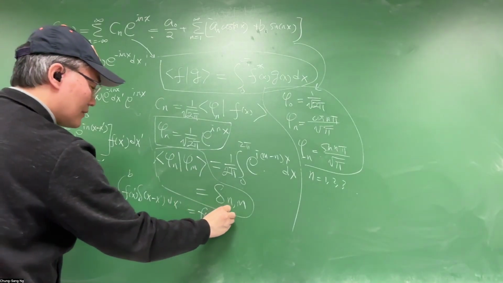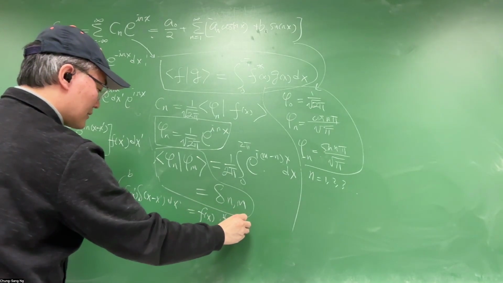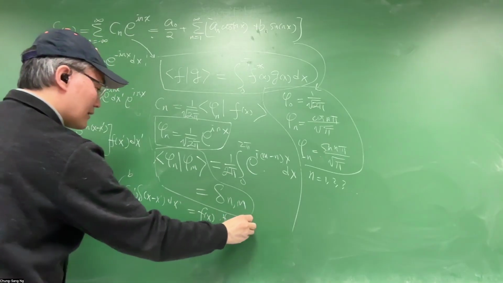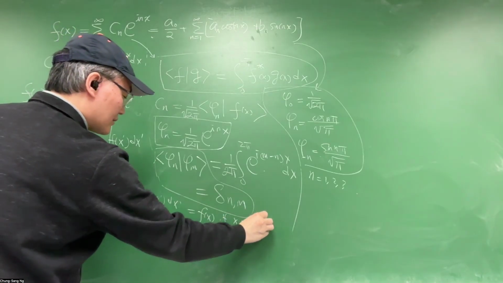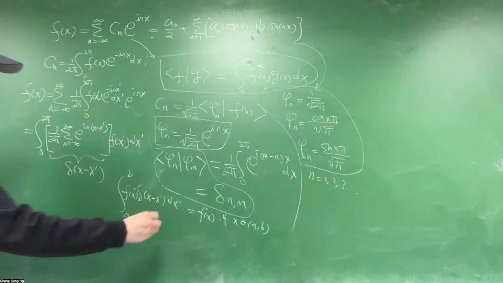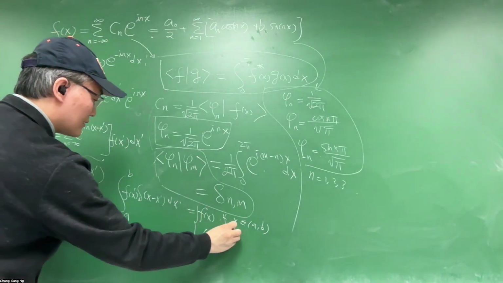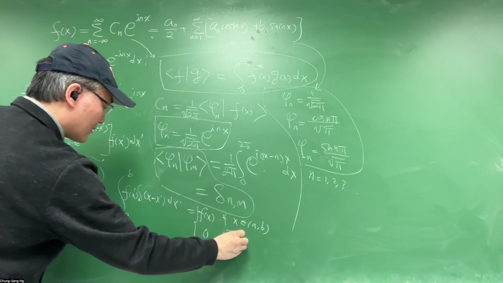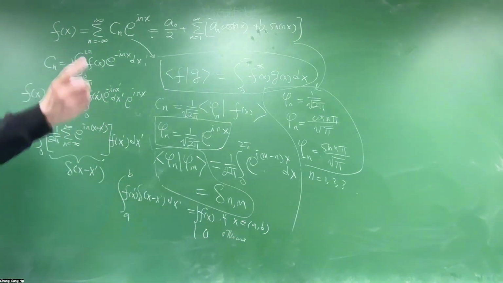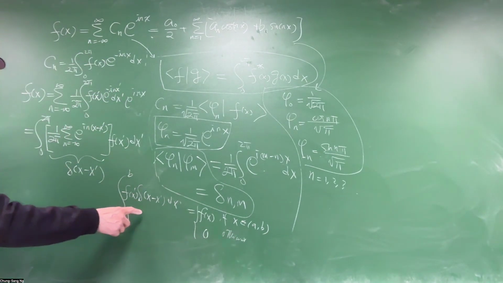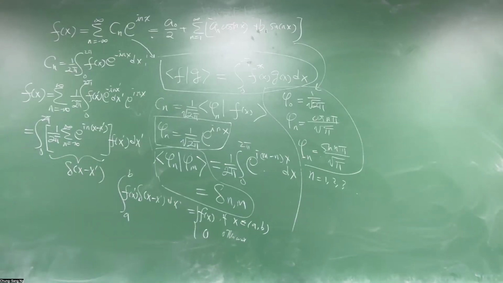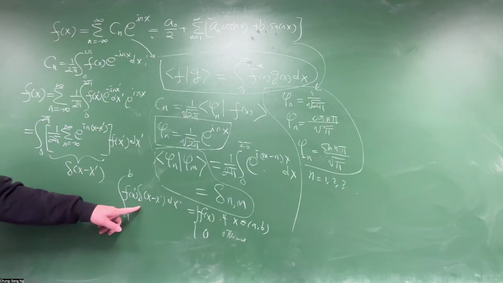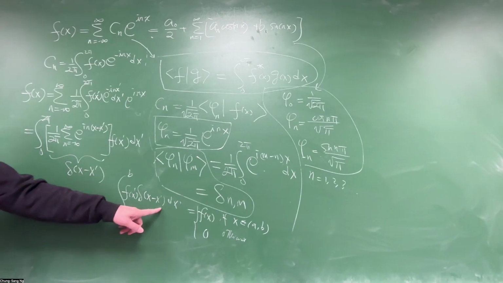If x is within A and B, you get f(x); if x is outside this range, you get 0. That's how you define the Dirac delta function.